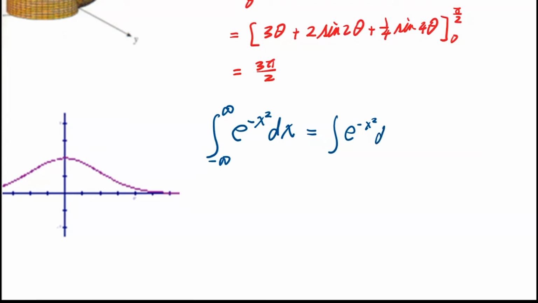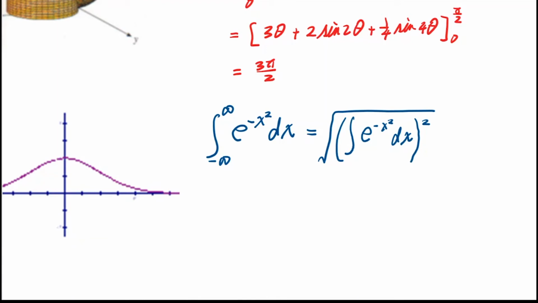I'll just write dx here. I'm going to square the whole thing like this, and then take a square root. Is that the same thing? It's the absolute value of that thing, but it's the area and it's positive, so it should be the same thing. So far, so good?